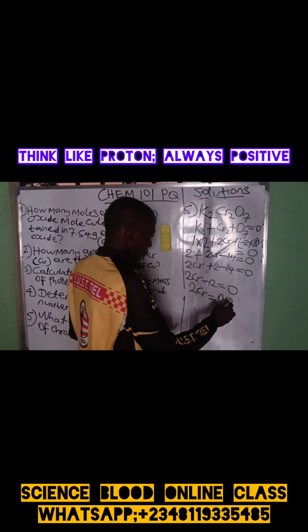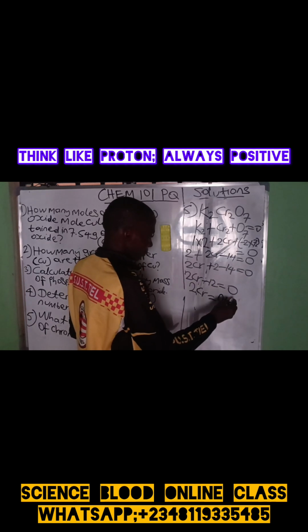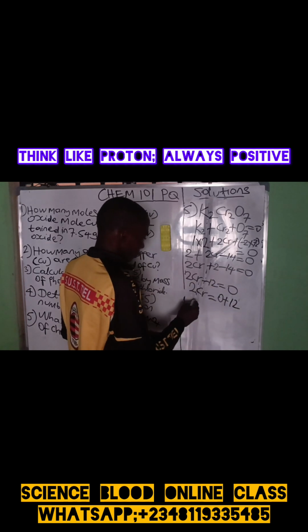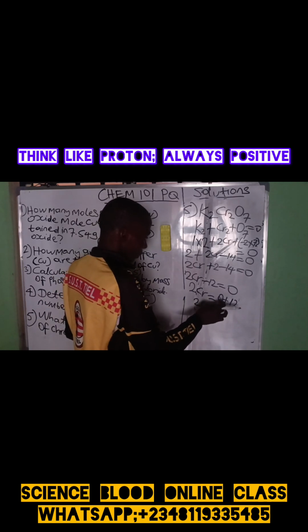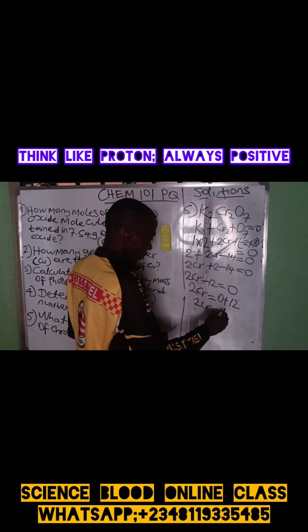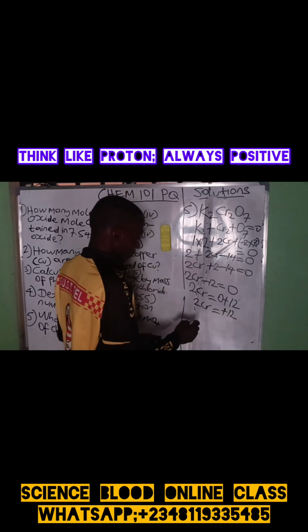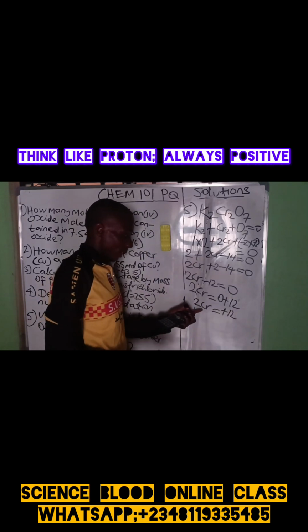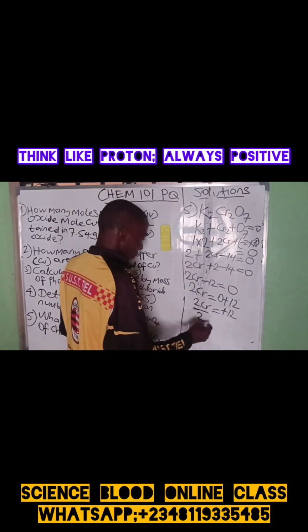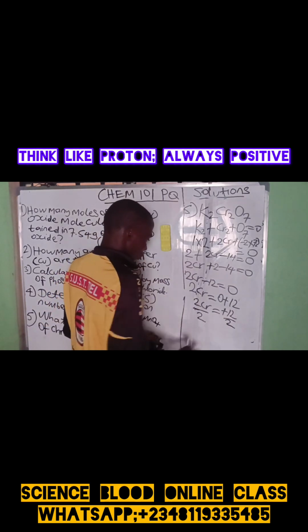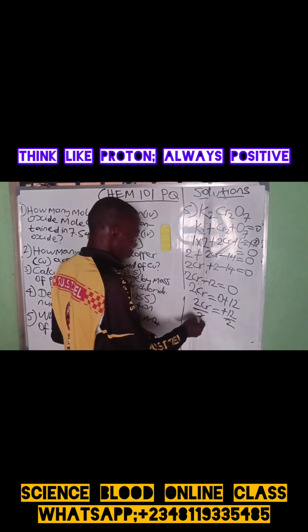So 2Cr equals 0 plus 12, which will give us plus 12. We are going to divide both sides by the coefficient of Cr, which is 2. On the left hand side, 2 will cancel 2.